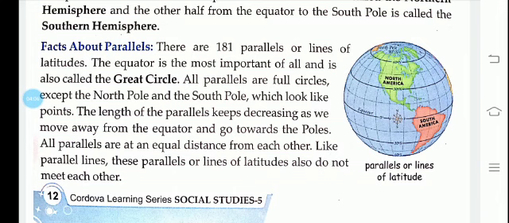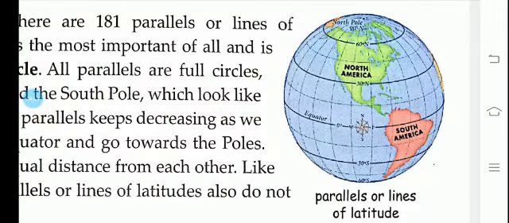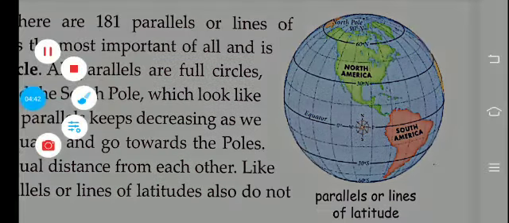The length of the parallels keeps decreasing as we move away from the equator and go towards the poles. All parallels are at an equal distance from each other. Like parallel lines, these parallels or lines of latitude also do not meet each other. So lines of latitude are 181 in number, 90 in the northern hemisphere and 90 in the southern hemisphere.